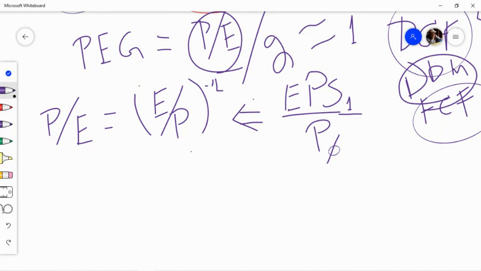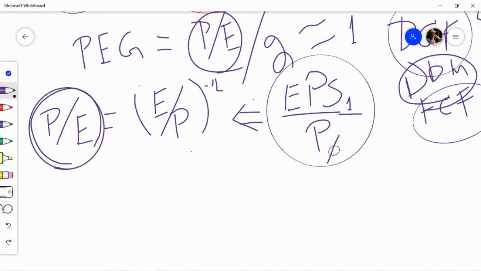Everyone follows? Does everyone understand? So actually, in earnings yield, we have two different times. Earnings per share is at time one. Price is price at time zero.